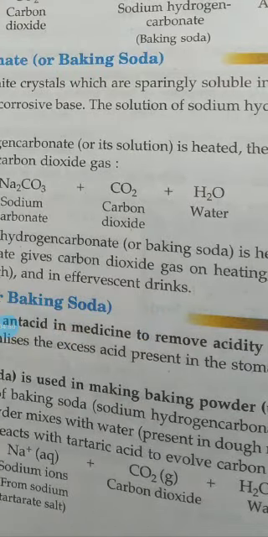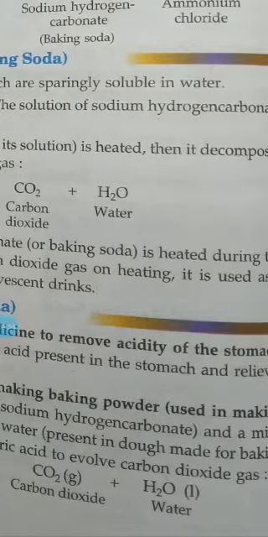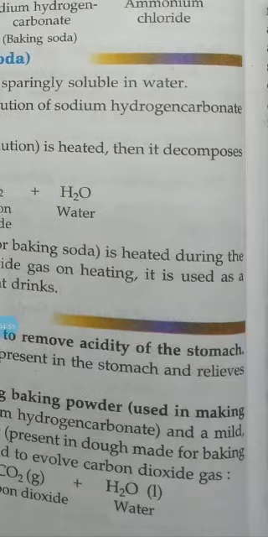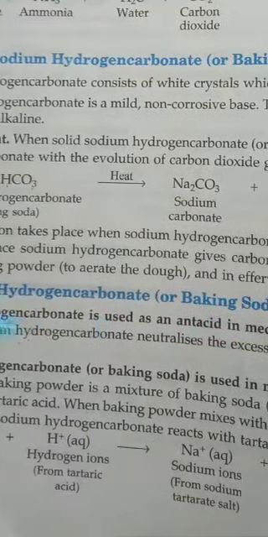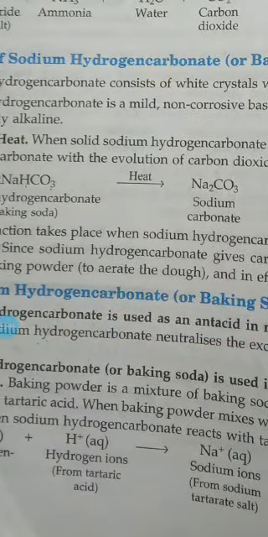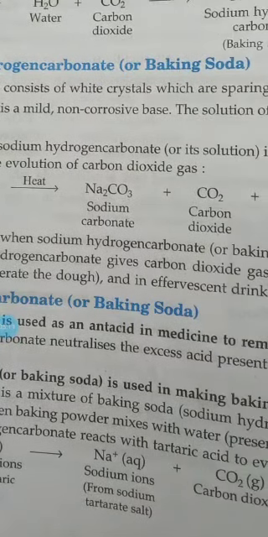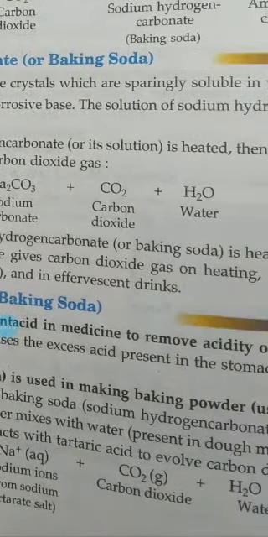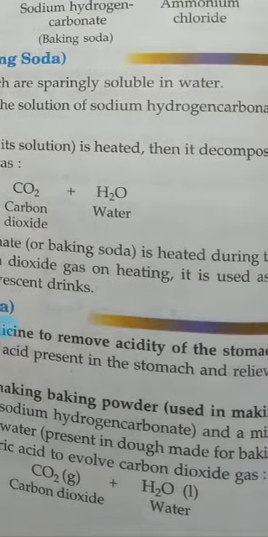When baking powder is mixed with a dough, the water present in the dough reacts with the acid, and in presence of water, sodium hydrogen carbonate reacts with tartaric acid and forms carbon dioxide gas.